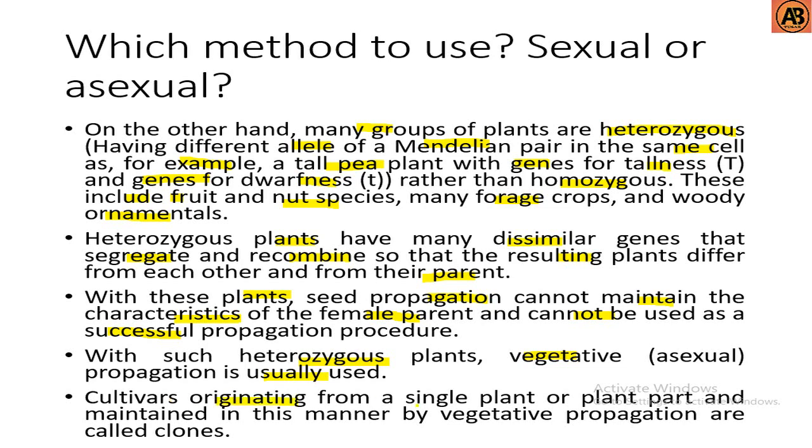Cultivars originating from a single plant or plant part and maintained in this manner by vegetative propagation are called clones. So we can understand that in case of homozygous, sexual propagation is suitable, and in case of heterozygous, asexual propagation is suitable, such as different types of fruit and nut species.